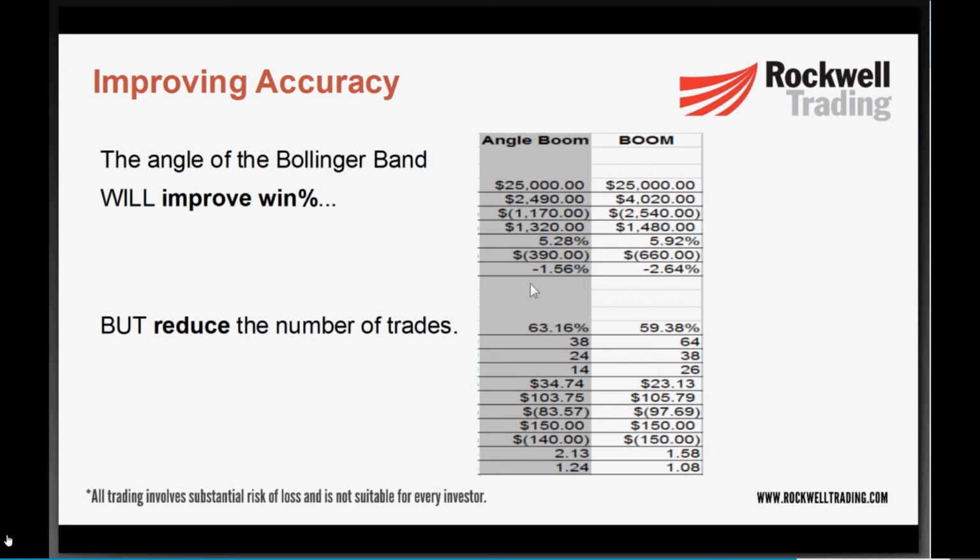Now, looking at an angle that was at a 45-degree, or approximately, because there is a level of discretion there, but incorporating the slope in an uptrend or a downtrend, you see that there was a $1,320 profit, so a less total profit. You have a 63% winning percentage. So the winning percentage jumps up with incorporating the slope of the band.